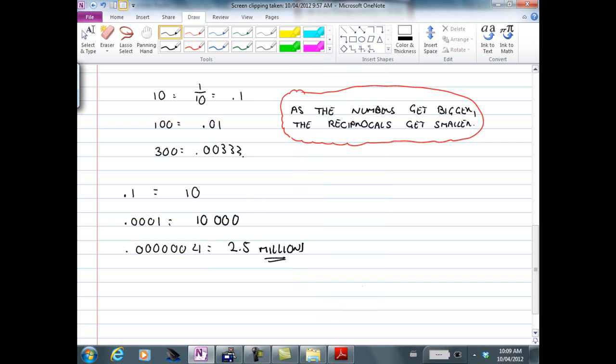I did the reciprocal, which is 1 over 0.0000004. So for each one of these, I did the reciprocal. And the key thing is, the smaller the number, the larger the reciprocal. The smaller the number, the larger the reciprocal. Again, very basic idea.